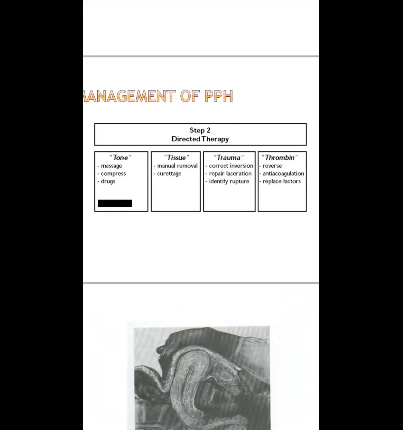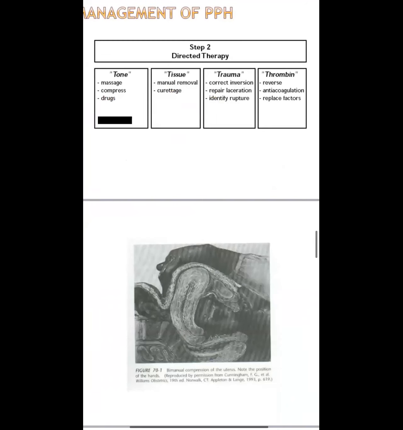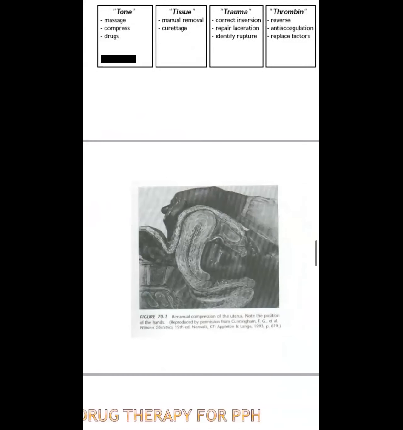Next, if there is any tissue remaining, for example any products of conception remaining inside the uterine cavity, they should be manually removed. In the pictures, there is manual removal, or manual compression of the uterus. This picture shows manual compression of the uterus. Then the next picture shows manual removal of the placenta.